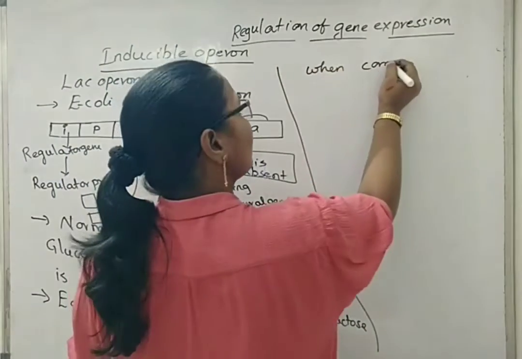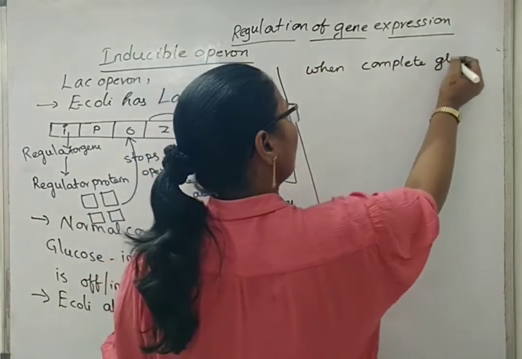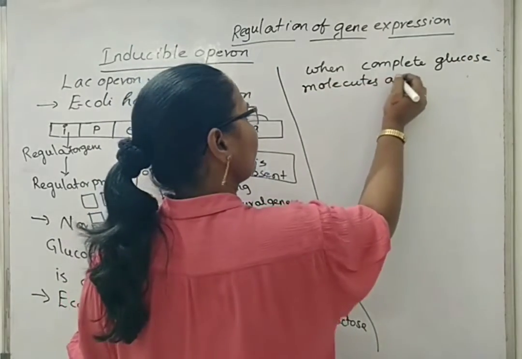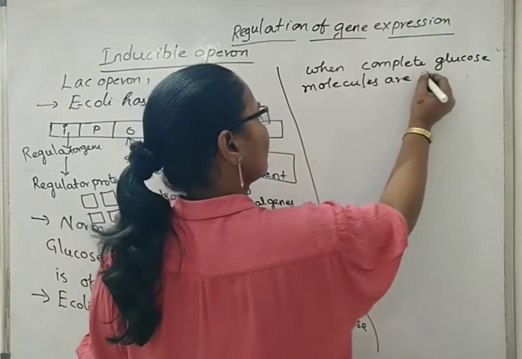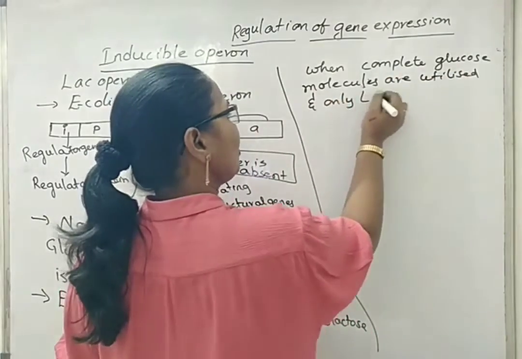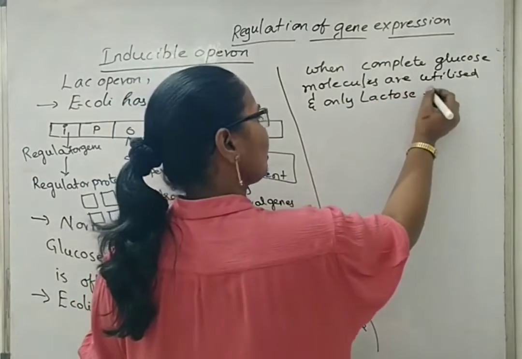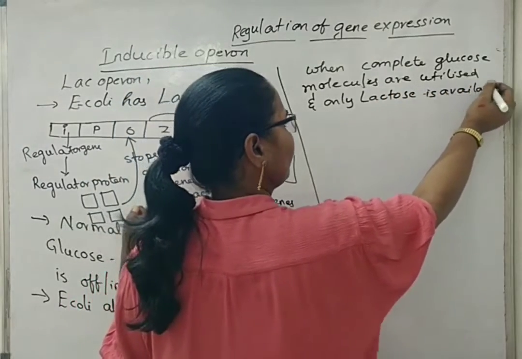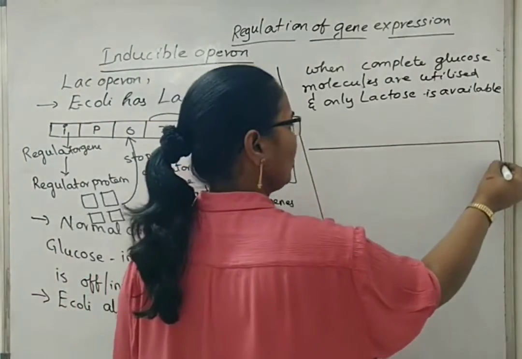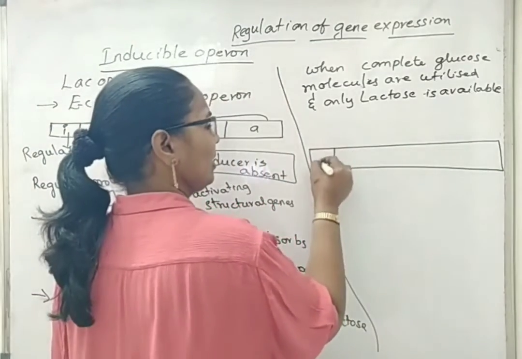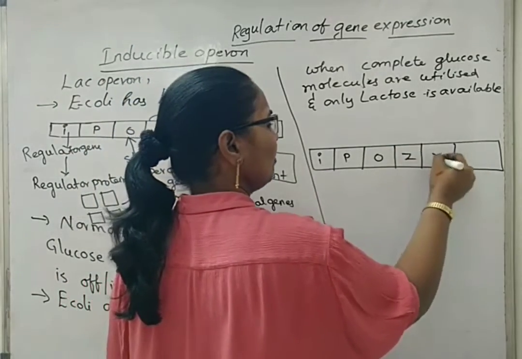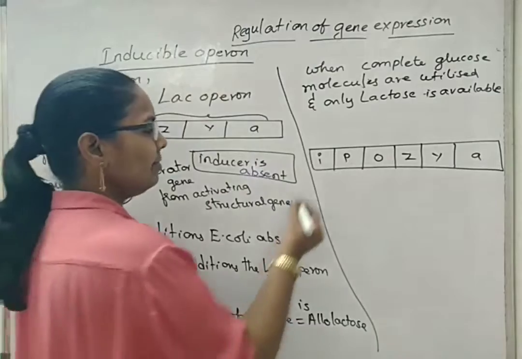When complete glucose molecules are utilized, and only lactose is available as a food source, then what happens? The same structural genes I am drawing here: regulator gene, promoter, operator, Z gene, Y gene, and A gene.